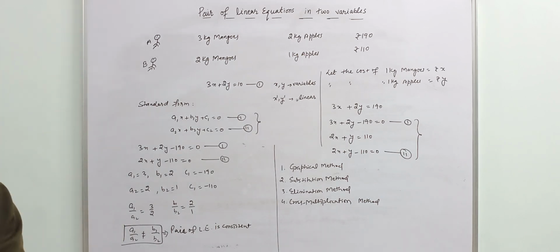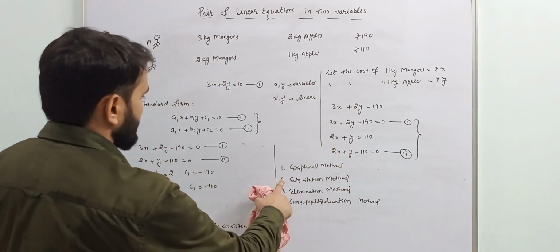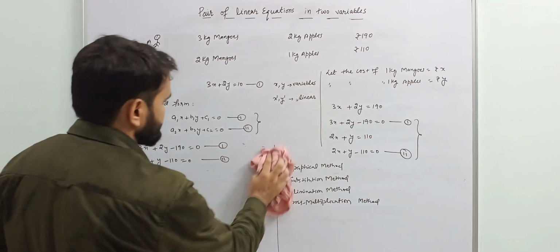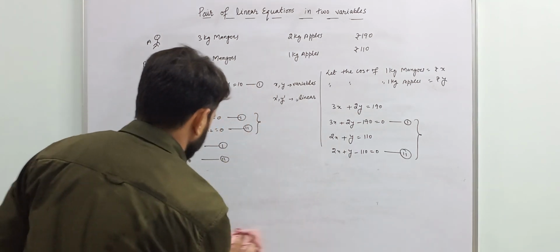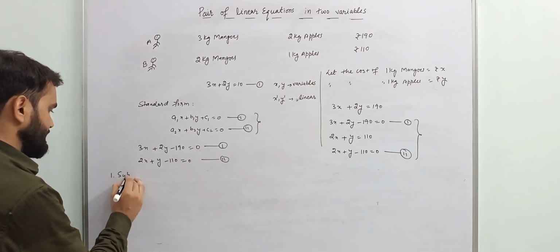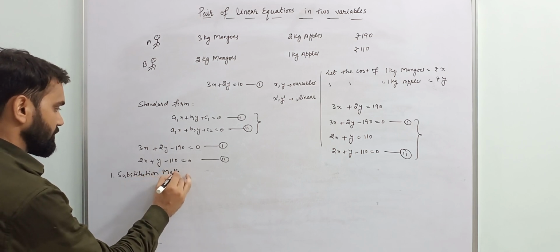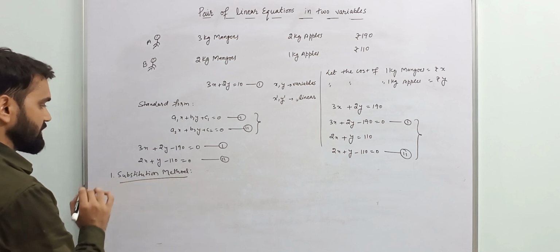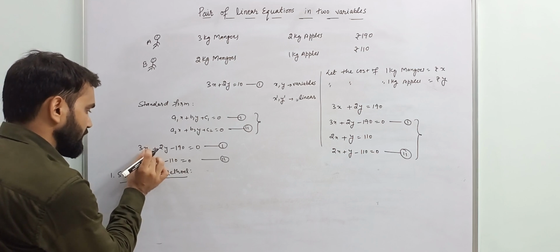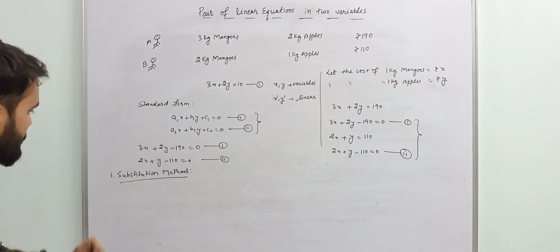Alright. So first of all, I will find the solution of this linear equation with the help of the substitution method. In the substitution method, we find the value of one variable and just substitute the value of this variable in the other equation.